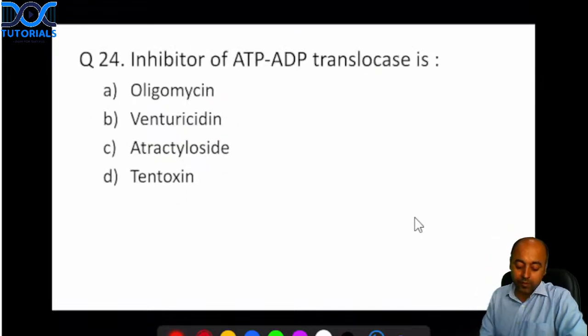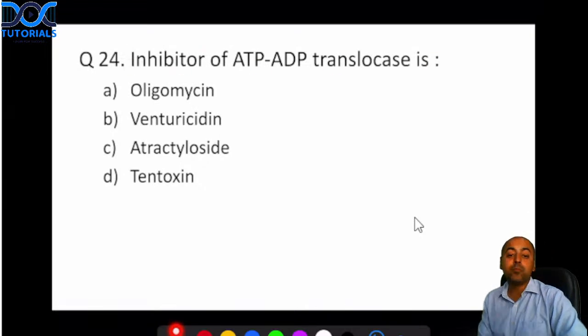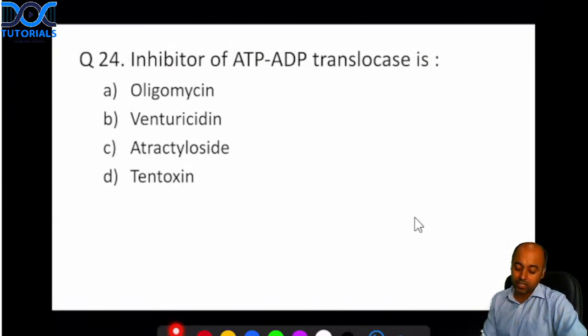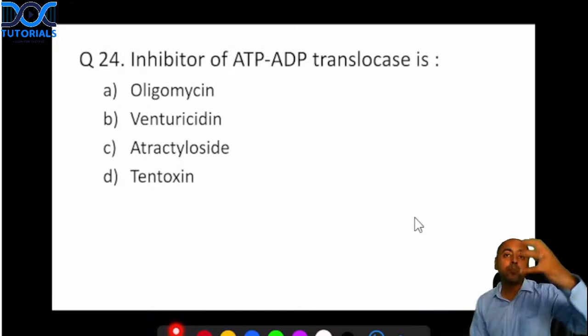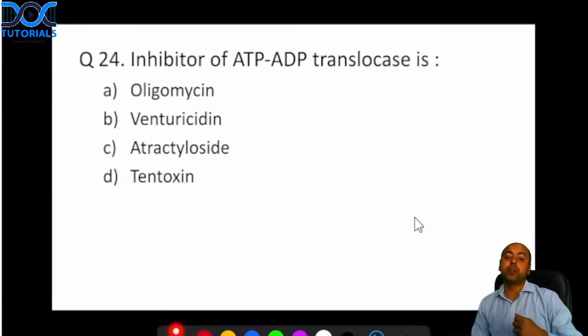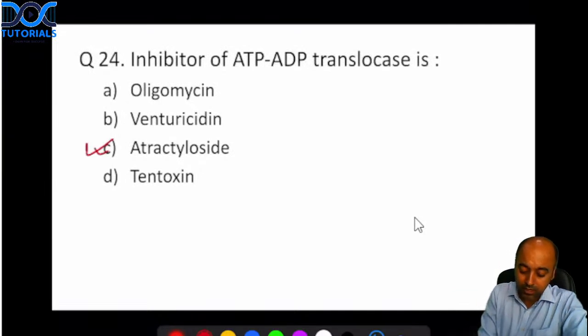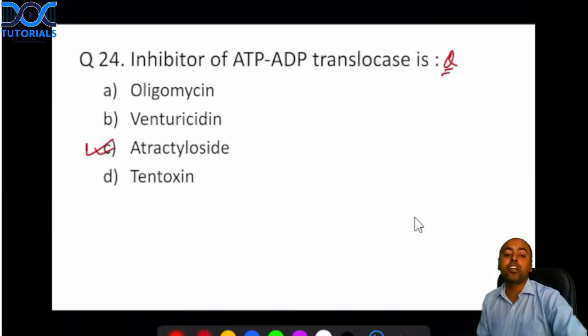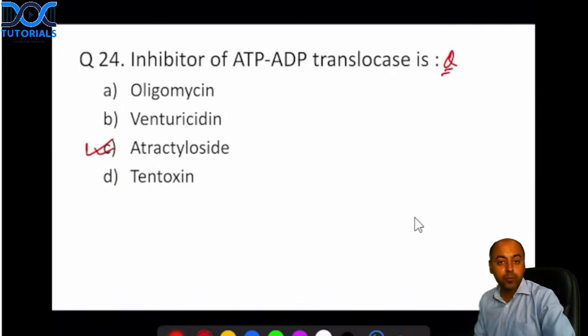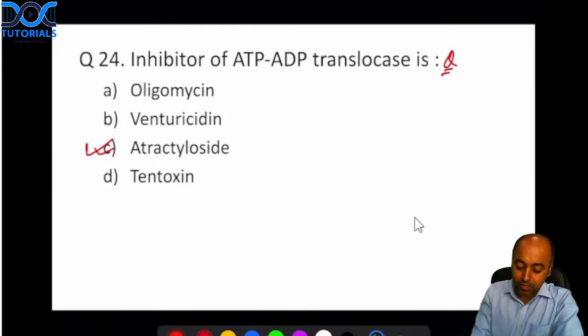Moving on to question 24, inhibitor of ATP-ADP translocase. ATP-ADP translocase will bring out the ATP which has been synthesized in the matrix and exchange for another ADP. So answer here is atractyloside. This question has been asked quite a few times. You should know ATP-ADP translocase is inhibited by atractyloside.